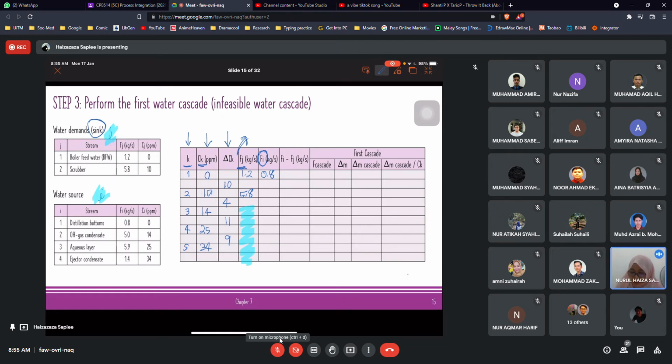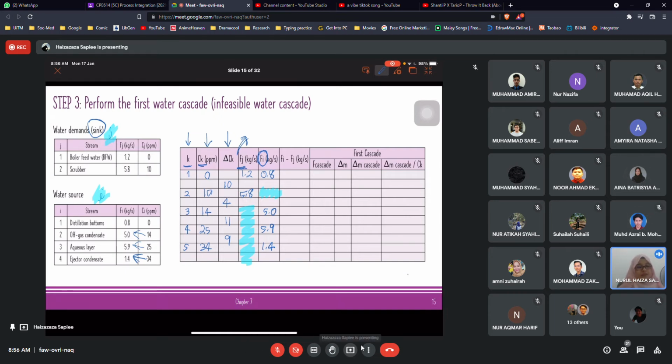So sometimes when we make mistakes we become careless, which is a pity for something simple. So always look at what is required here. For 14 you get 5.0, for 25 you get 5.9 and for 34 you get 1.4. Okay. Understood up to there?